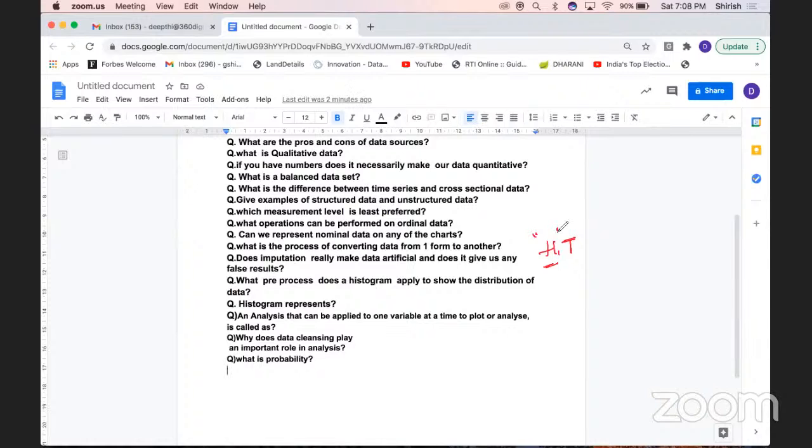Suppose we take a normal example here. Suppose you have two friends, two boys, who came to the exam hall late. They thought that some paper leak could happen, some questions would be leaked.